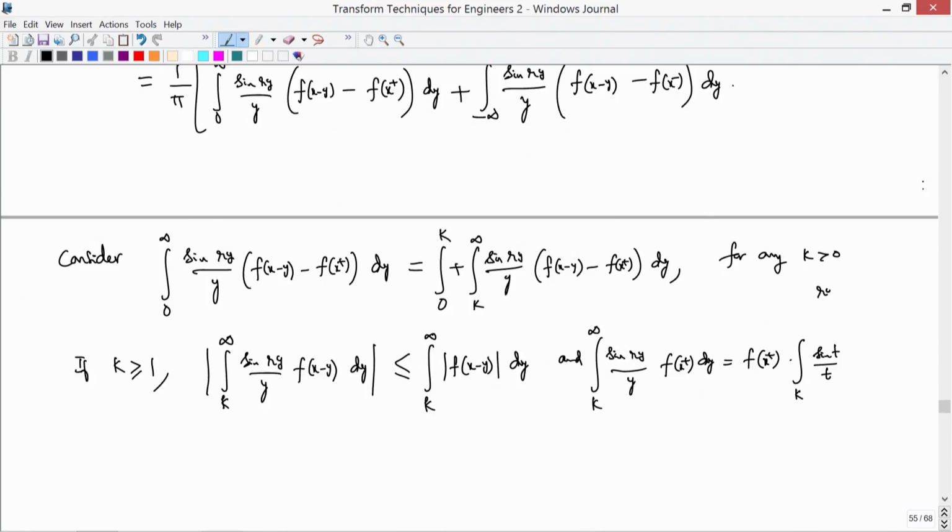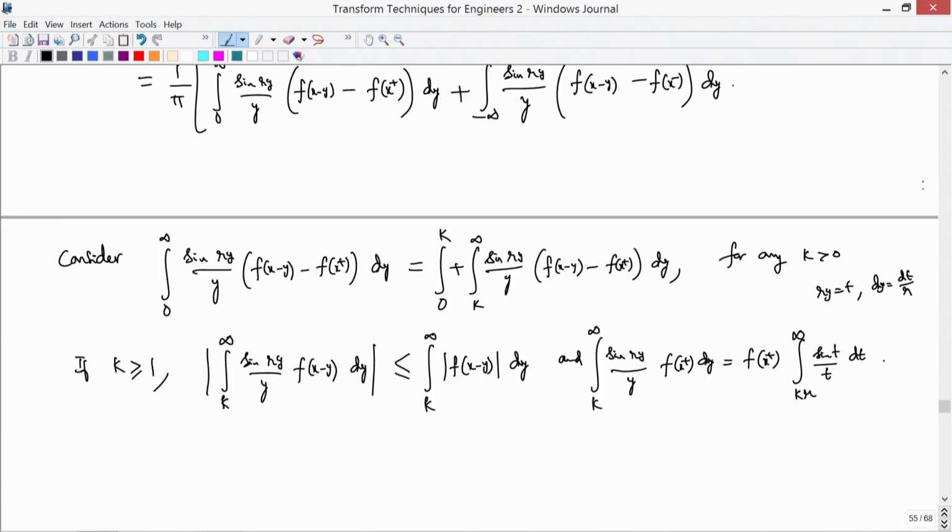I set r y equal to t, so dy is dt by r, and y is t by r, so r cancels. You do not have to write anything here, sin t by t dt, and t goes from k r to infinity.